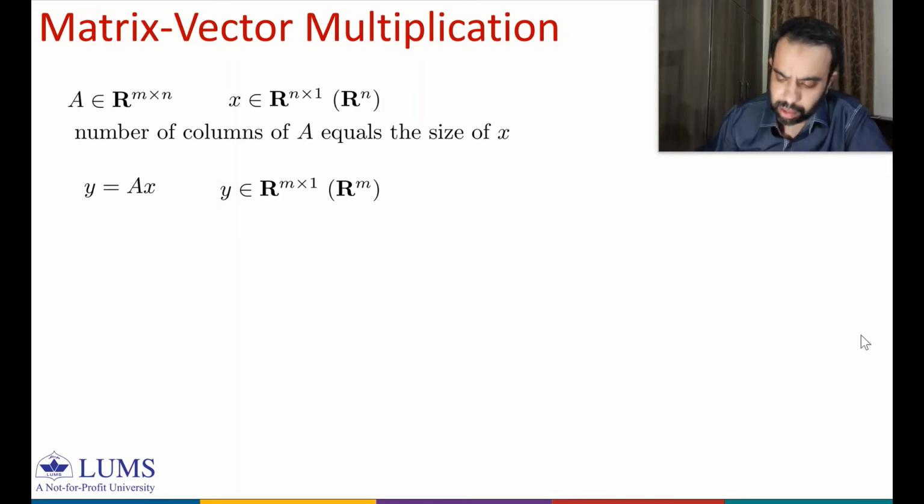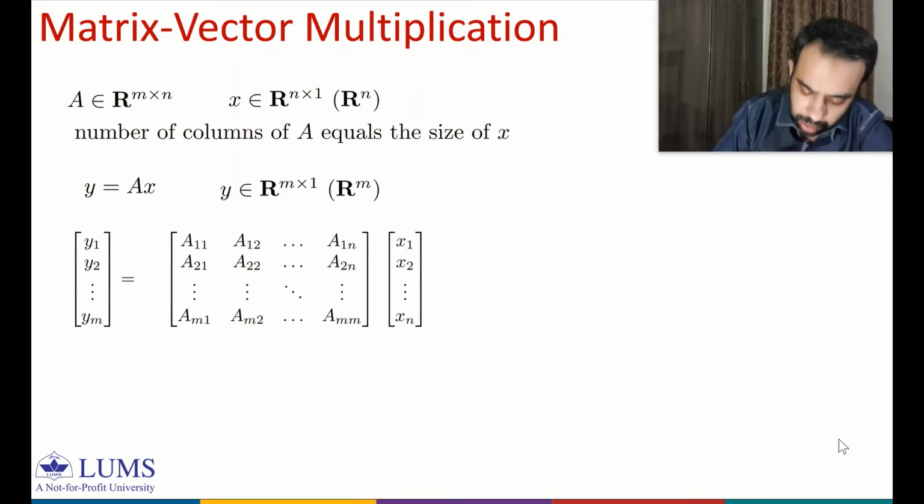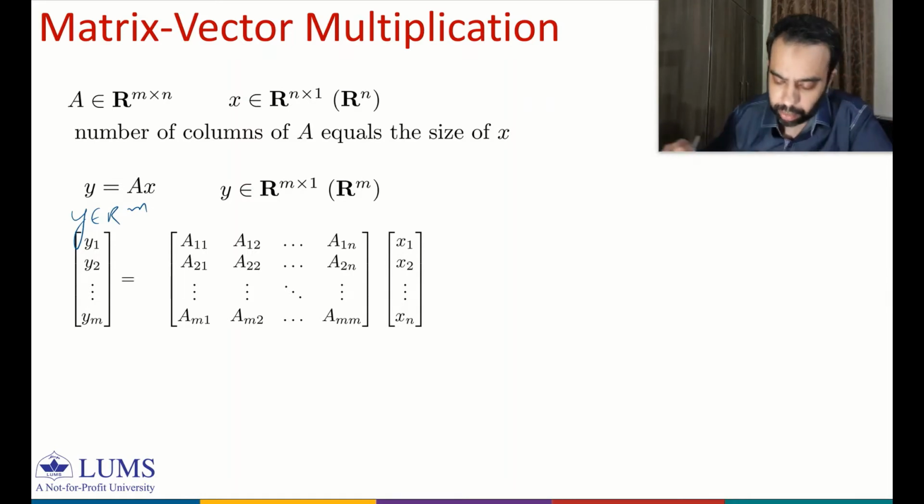So if we express this in the components of y, A and x, we have y that belongs to Rm, and A belongs to Rm cross n, and x belongs to Rn.